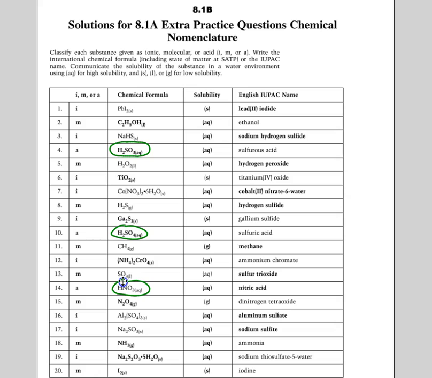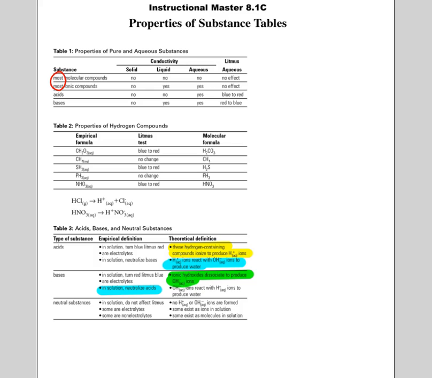So over the history of acids and bases, generalizations were obtained, and here, looking at table 2, we see that hydrogen containing compounds vary from either being acids in that they change litmus paper red, or in some cases they have no change, indicating that they're non-acidic.